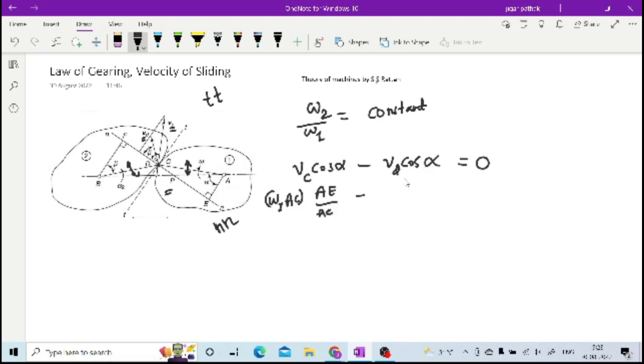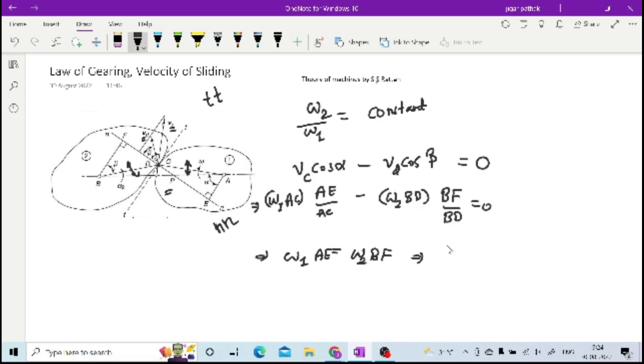Similarly, if you go for D, then it is omega 2 into BD. And similarly in the triangle BFD, cos beta is nothing but BF upon BD. Once you have this, you can have omega 1 AE equal to omega 2 BF, right?